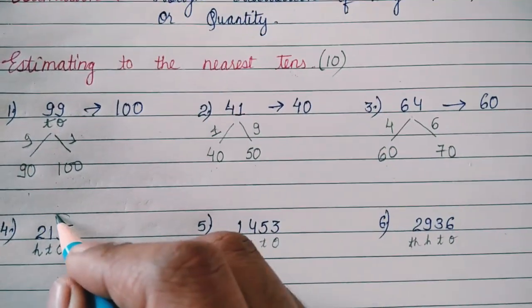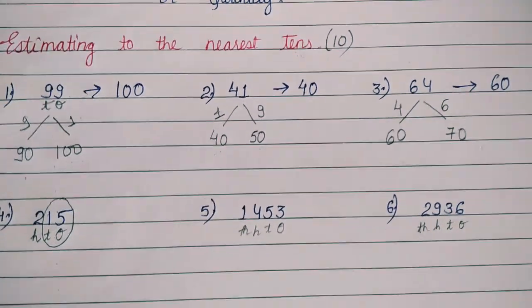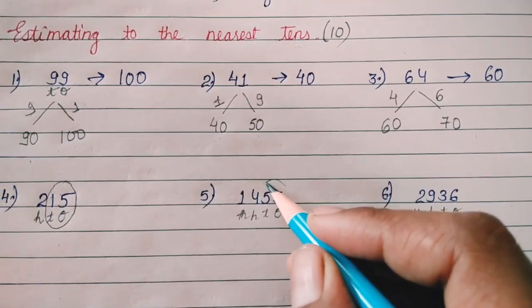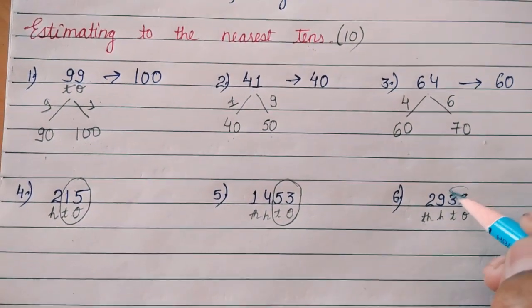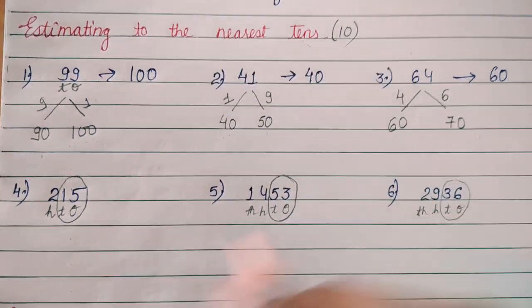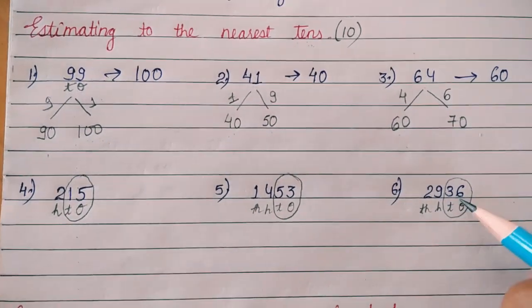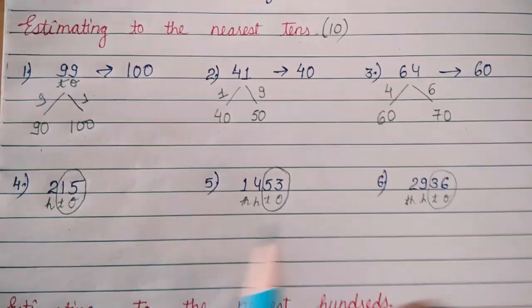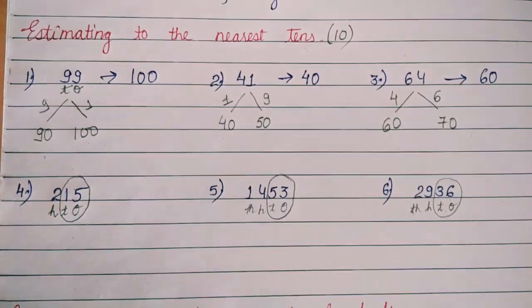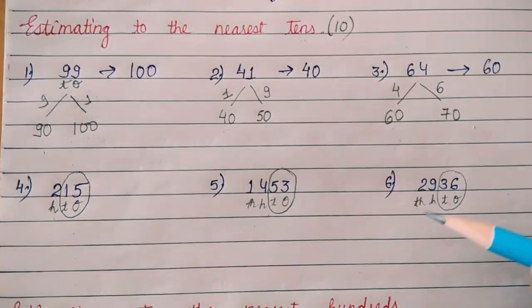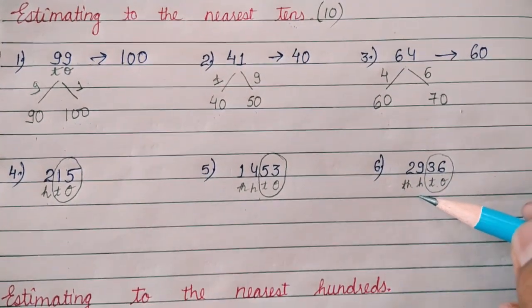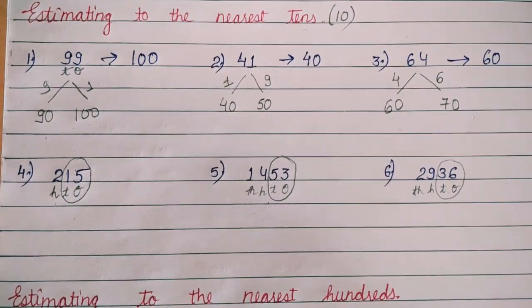So the tens digit here is 15, here we have 53, here 36. So we will estimate only the tens place, and the remaining parts, the hundreds and thousands, will all remain the same.